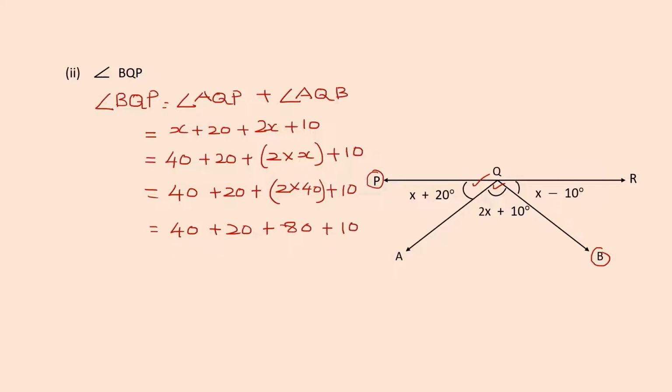So let's add that up. 40, 20, 80 and 10. 0, 4 plus 2 is 6, 6 plus 8 is 14, plus 1 is 15, 150. So angle BQP is equal to 150 degrees.